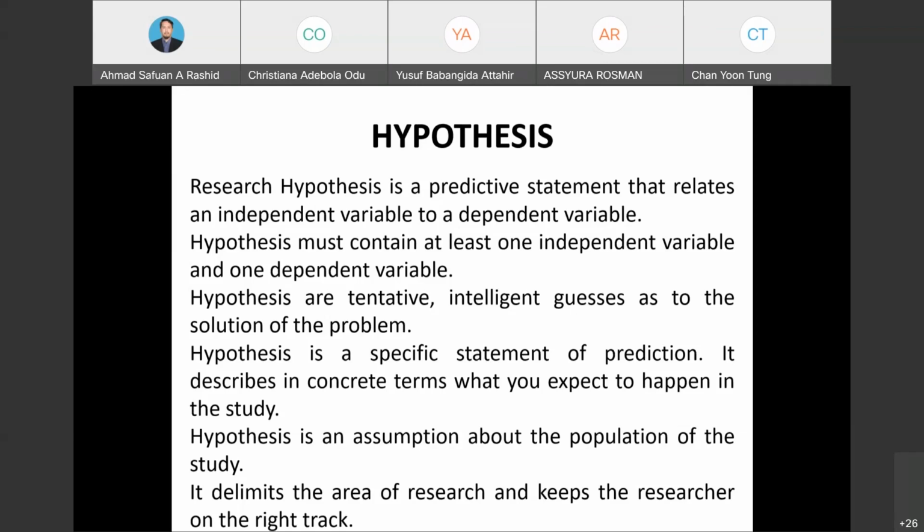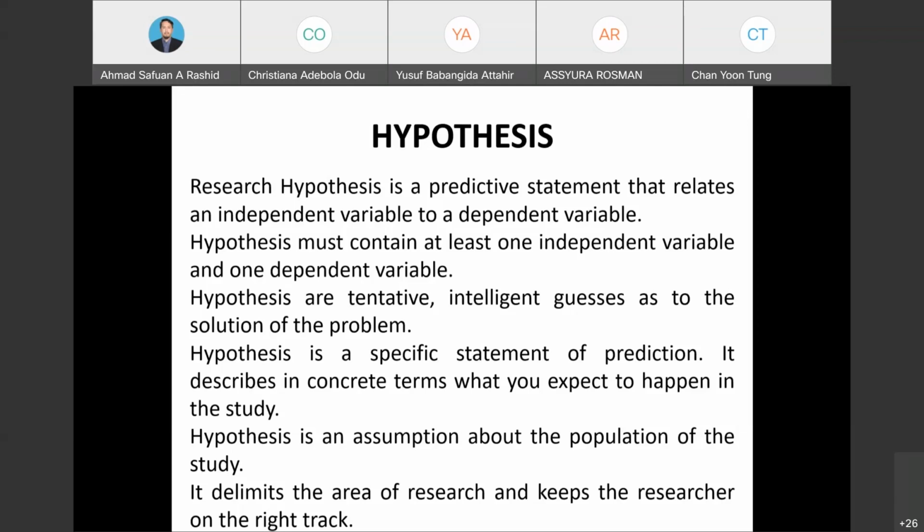So normally for the hypothesis, when you want to apply for any grant, after you complete your study and then you work as a lecturer, then you want to apply for an international grant. So you need to include the hypothesis, because most probably the evaluator for the grant is not of the same background as you. So at least he knows when he reads the hypothesis part.